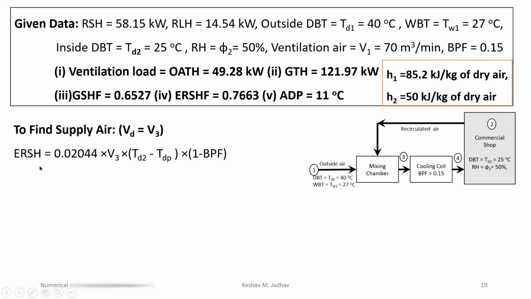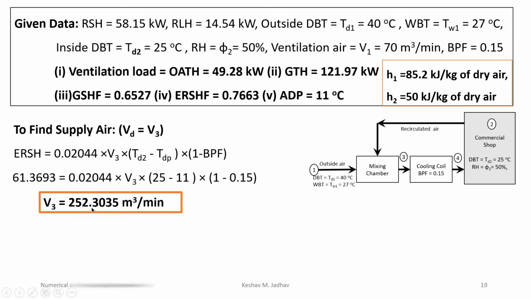In this formula, all values are known except V3. So by putting these values, we can find V3, that is supply air, which is equal to 252.3035 meter cube per minute.